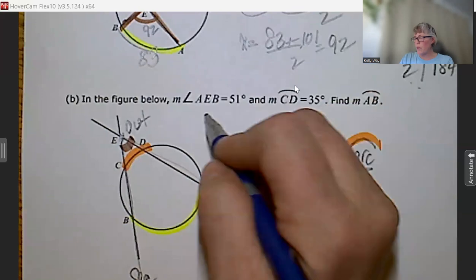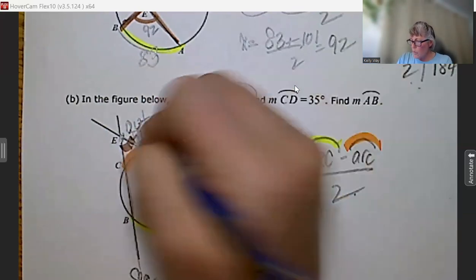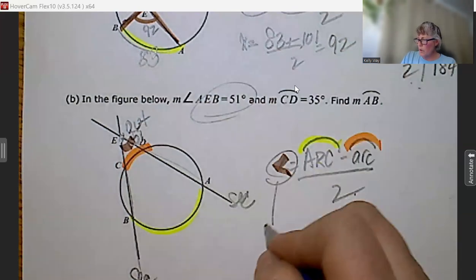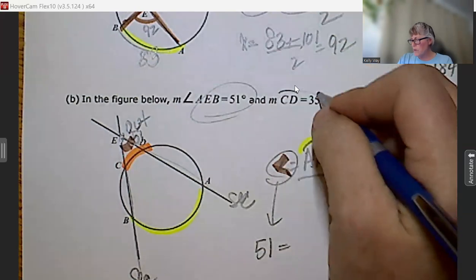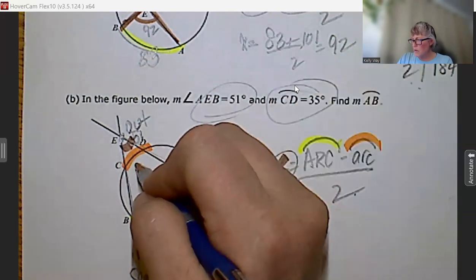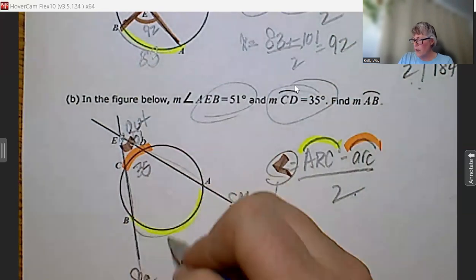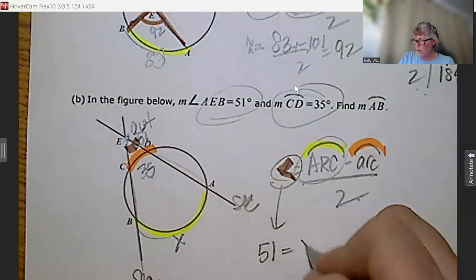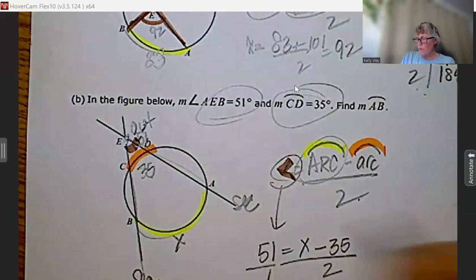We are told that the angle AEB back here is 51 degrees. So we go like this, circle, plug, chug, 51 equals CD, that's our little arc, 35. We're being asked to find A to B, that's our X. So our big arc is X minus our little arc, 35 over 2.